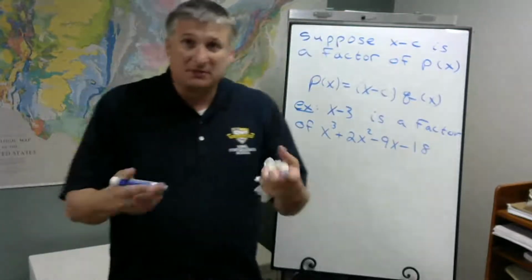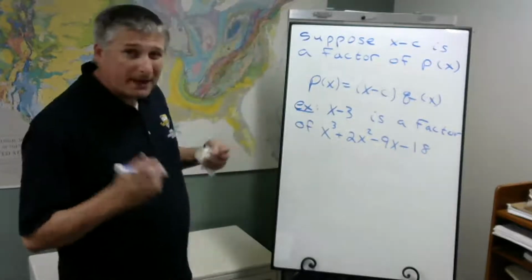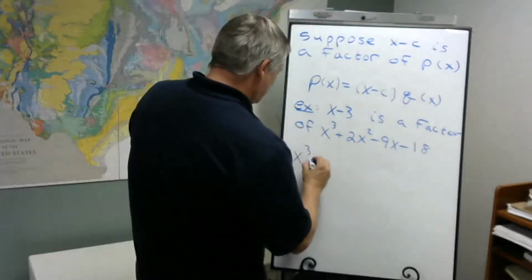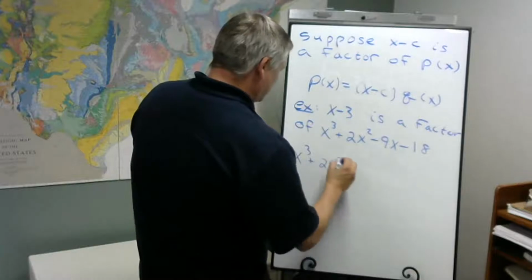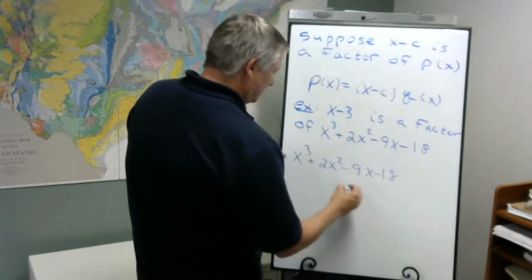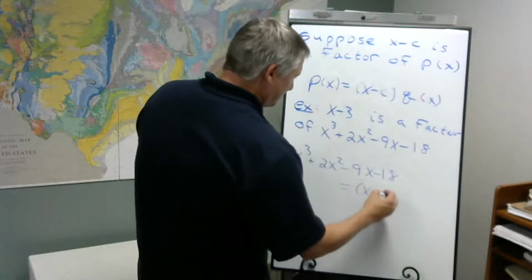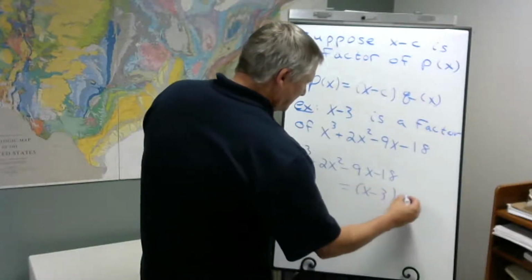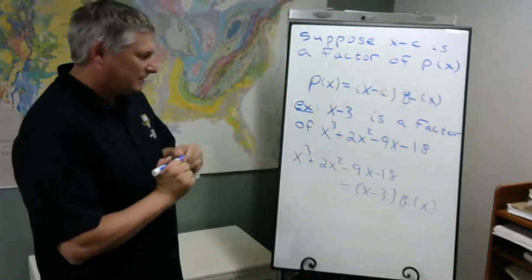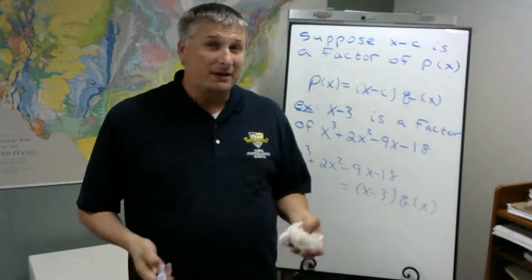Now, say this is in fact the case. So what that means is x cubed plus 2x squared minus 9x minus 18 is equal to x minus 3 times some q of x. Now, let's try to find out what q of x is.